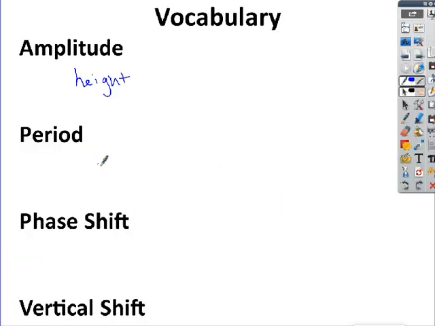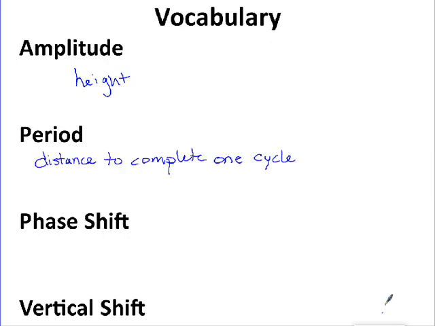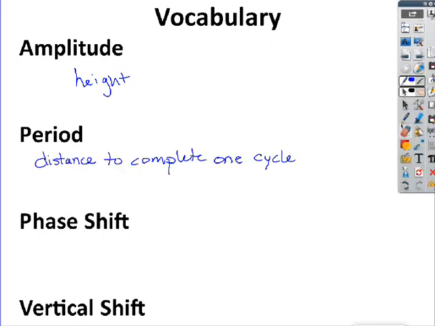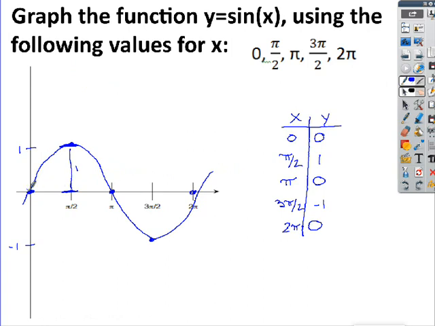All right, period is the distance needed to complete one cycle. So if I look at this graph, one cycle starts at 0, goes up to the top of the wave, down to the bottom of the wave, and then back to 0. That is one cycle. So the period of this sine graph is 2 pi.